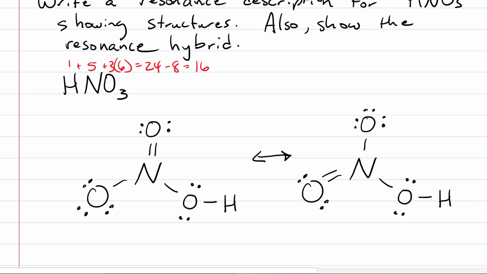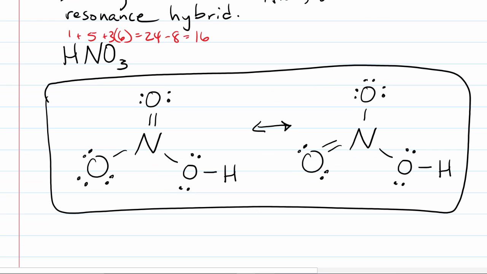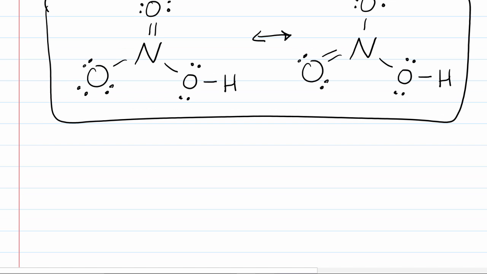This arrow is not showing that it's flipping back and forth between these 2 structures. That means that the double bond doesn't go from here and then to here. What it means though is that we have a pair of electrons that is delocalized. And this, by the way, is now our complete resonance structure. So that completes the first structure. If we want to look at the resonance hybrid, the atom we put in the center is nitrogen.